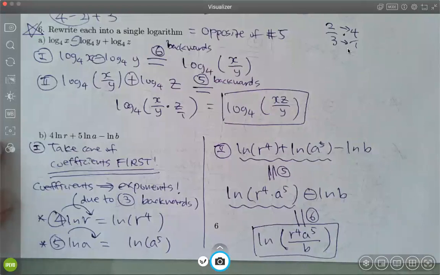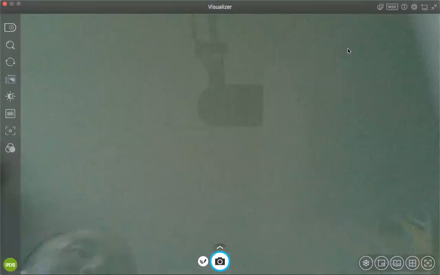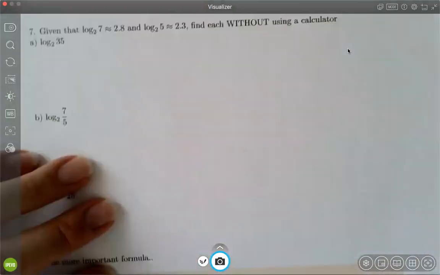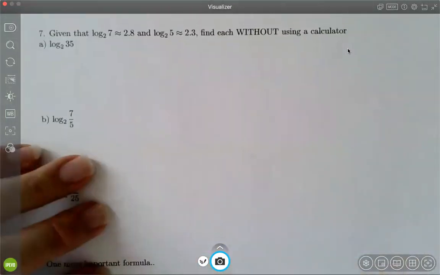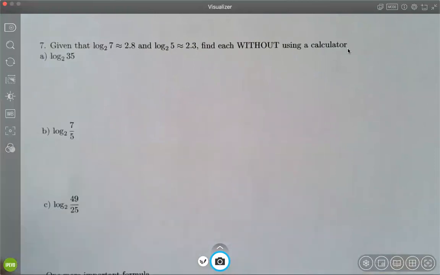Now we have used all of the rules of logs. And now let's look at the next problem. So given that log 7 is, okay, there is a weird symbol here that people call a squiggly equal sign.